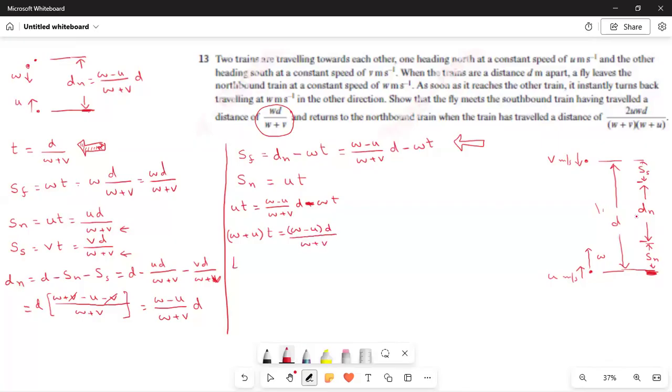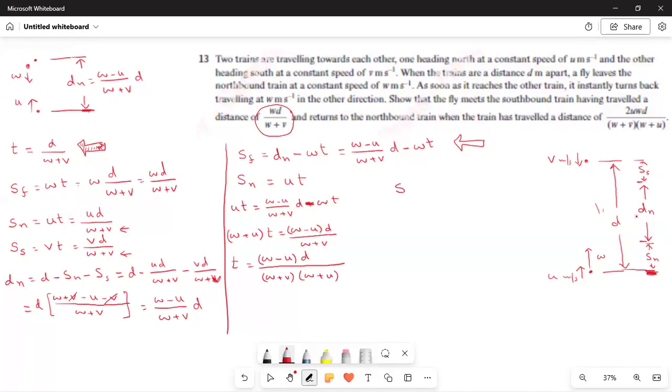So the time would be (W minus U) into D divided by (W plus V) and (W plus U). This is the time when the fly meets the northbound train again, right? Now at this time, how much distance is traveled by the northbound train?